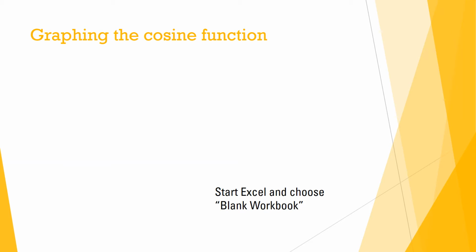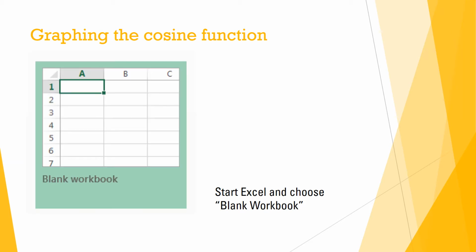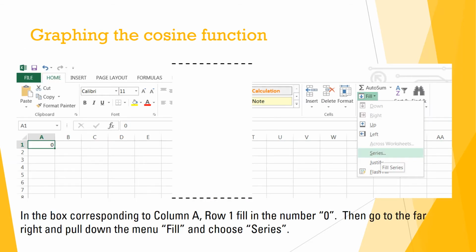So how do I graph the cosine function? I start Excel and choose blank workbook. In the box corresponding to column A, row 1, I fill in the number 0. Then I go to the far right and pull down the menu Fill and choose Series.